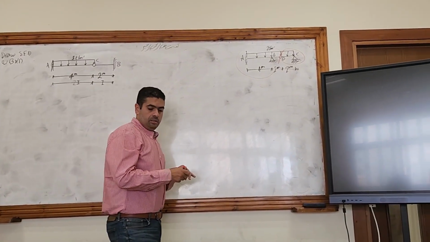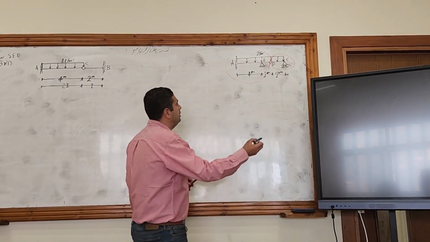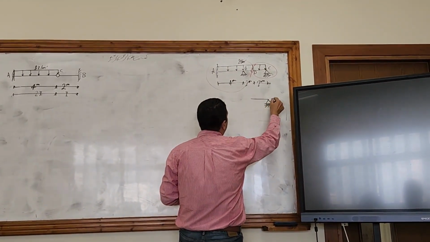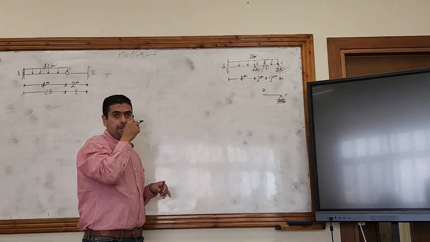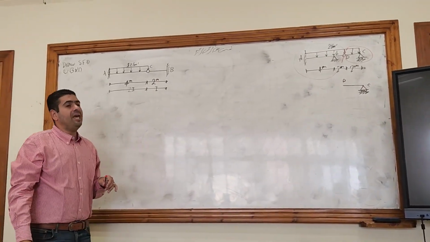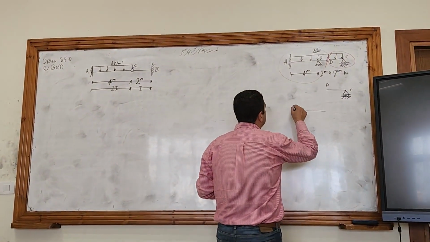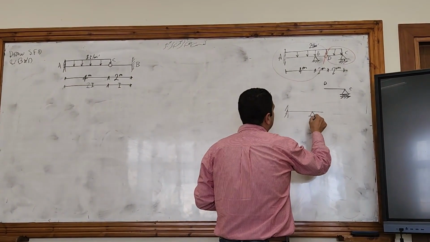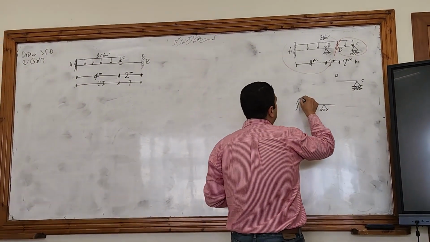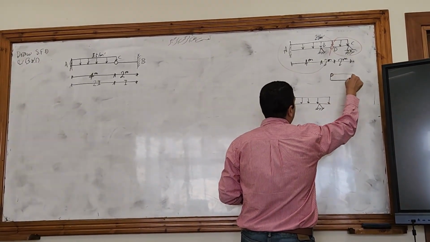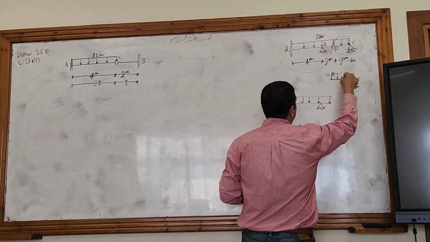So here, the part CD is like this, with only one support at C, right? And the part ABD is like this. This has a uniform load, and this also has a uniform load.